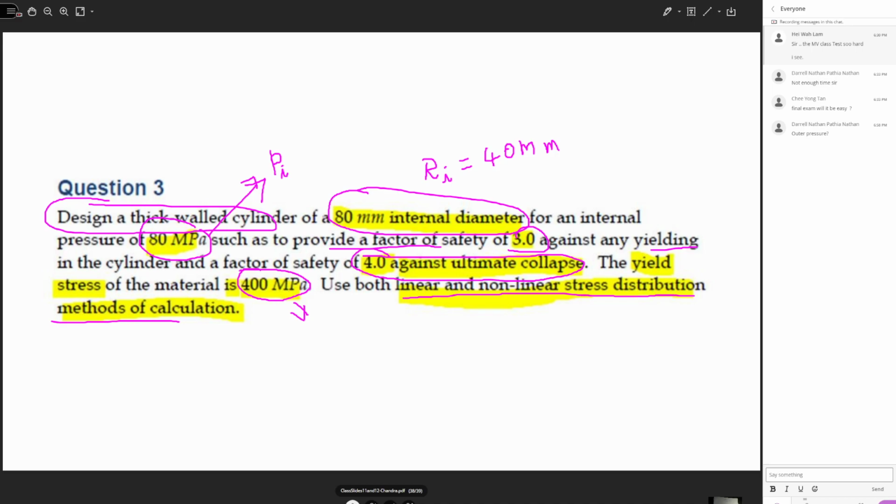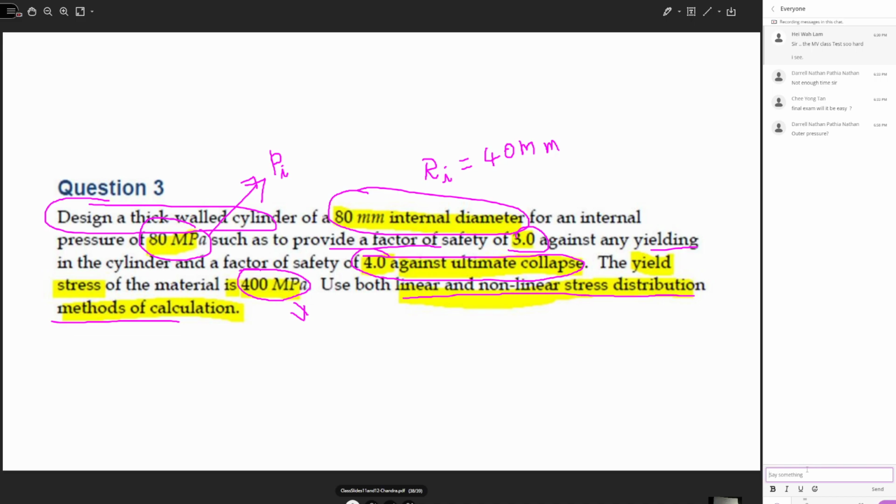So the outer pressure is not a criterion when we discuss thick wall cylinders. Take any pressure vessel, the outer pressure is always atmospheric pressure. These thick wall cylinders are basically used as pressure vessels to carry fluids, so the outer pressure is not part of the design.